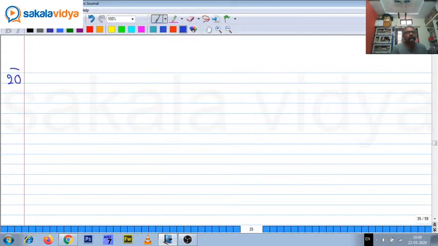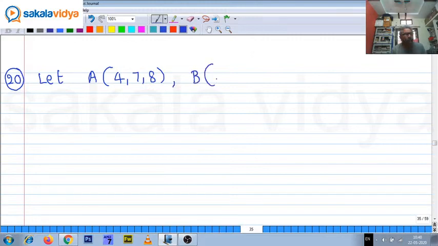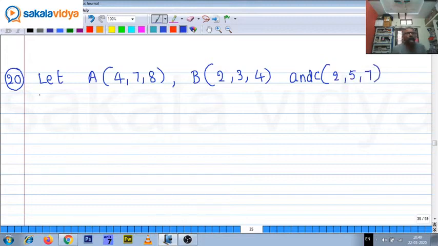Okay, 20. Let A (4, 7, 8), B (2, 3, 4) and C (2, 5, 7) be the vertices of triangle ABC.